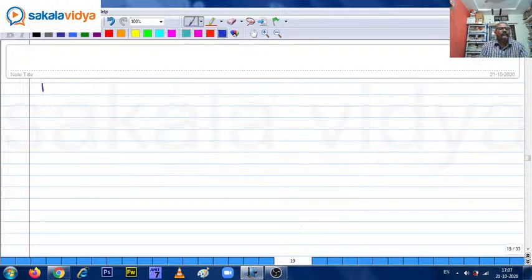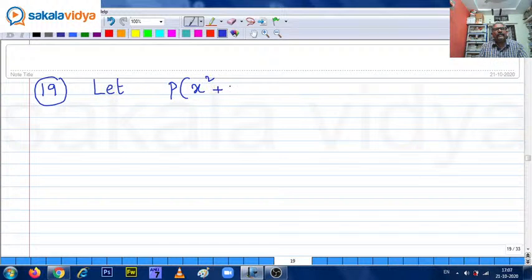Okay, 19th question. Let p of x square plus 2 is equal to x to the power of 4 plus 4x square plus 6.